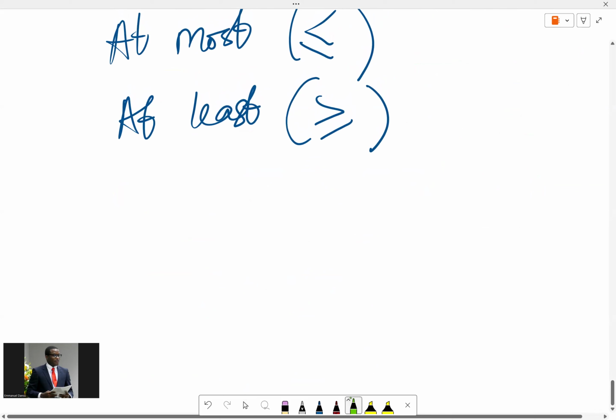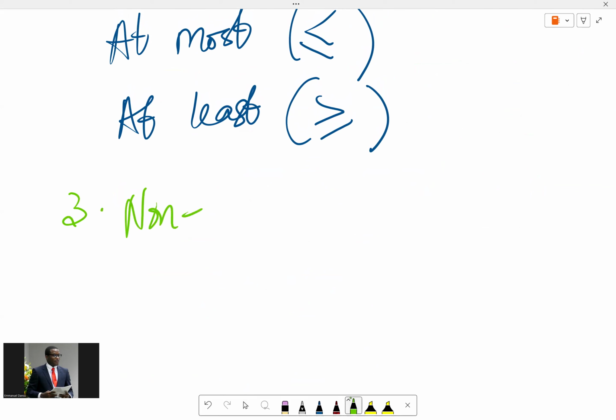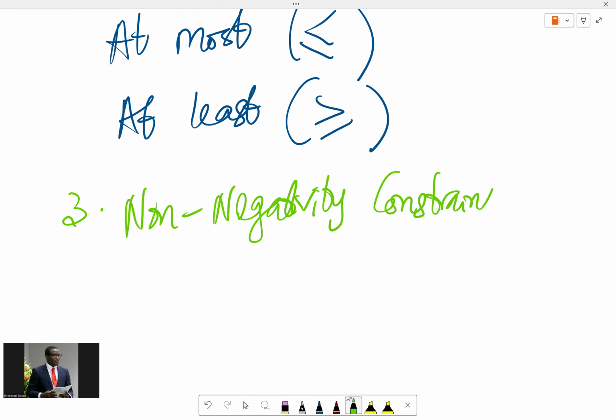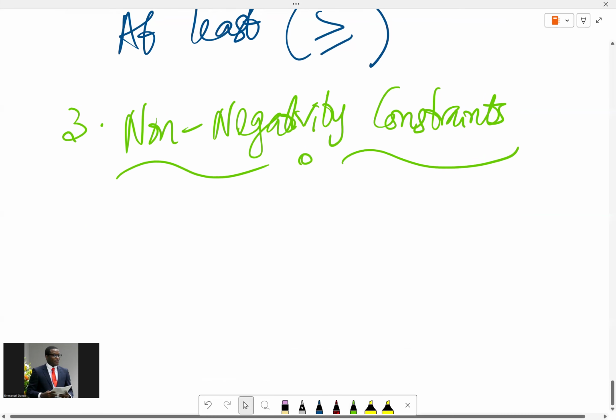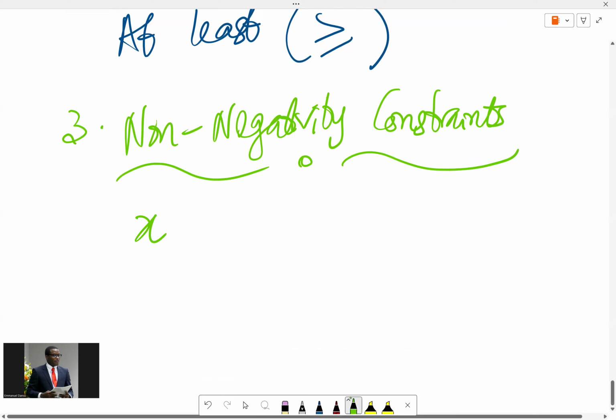Then we have the third constraint, which is almost always there, except if the variables can be negative. So we have the non-negativity constraint. Whether you're told or not, this is important. It means the number of adverts that can be placed in A, which is X, cannot be negative.